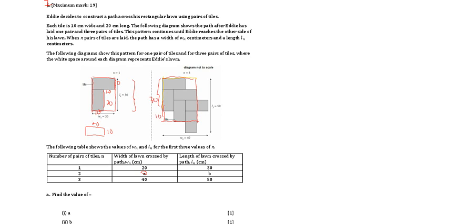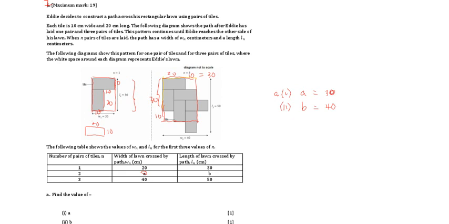So plus 10 more. A is the width. This one here is 20 and this part is 10, so that gives us 30. So A is the width, the shorter side, 30, and B is the length, that's equal to 40.